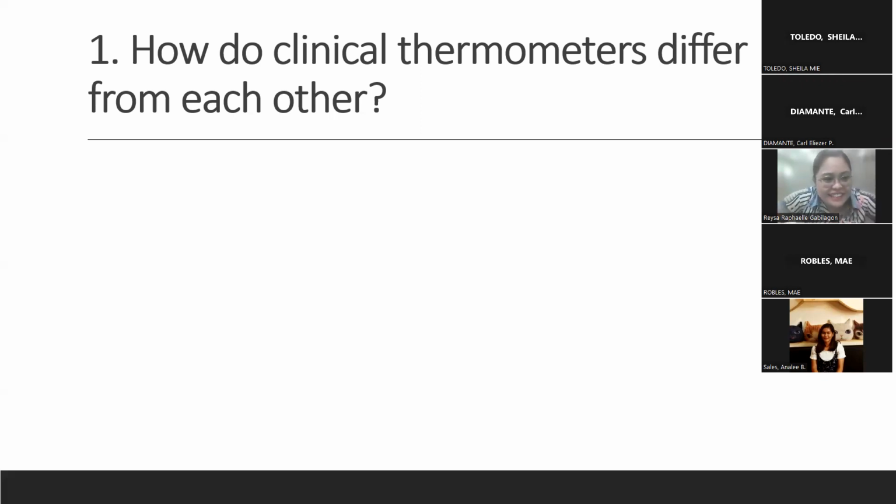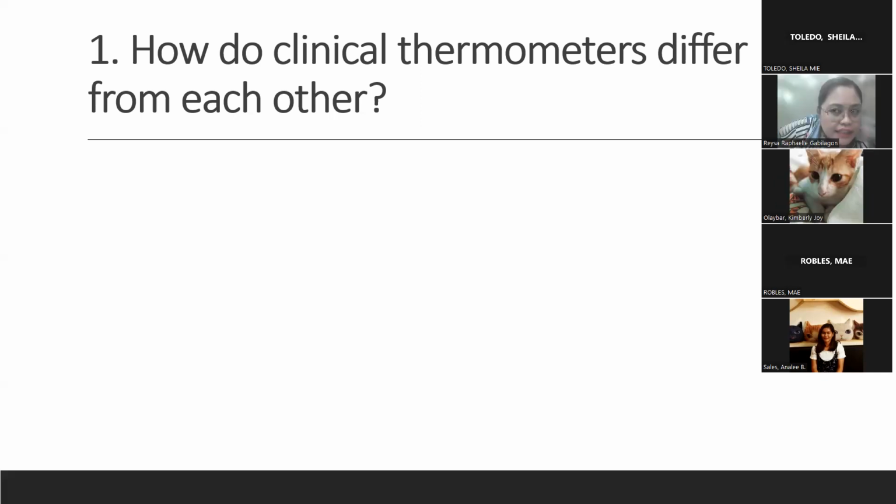Okay, very good. So yung thermometer na usually ginagamit natin dati is actually a mercury thermometer. So yung nag-up and down na nakikita natin is mercury yun. However, you know that mercury is a cumulative poison. Cumulative meaning it has to accumulate first inside the body before you will experience the signs and symptoms of the toxicity.